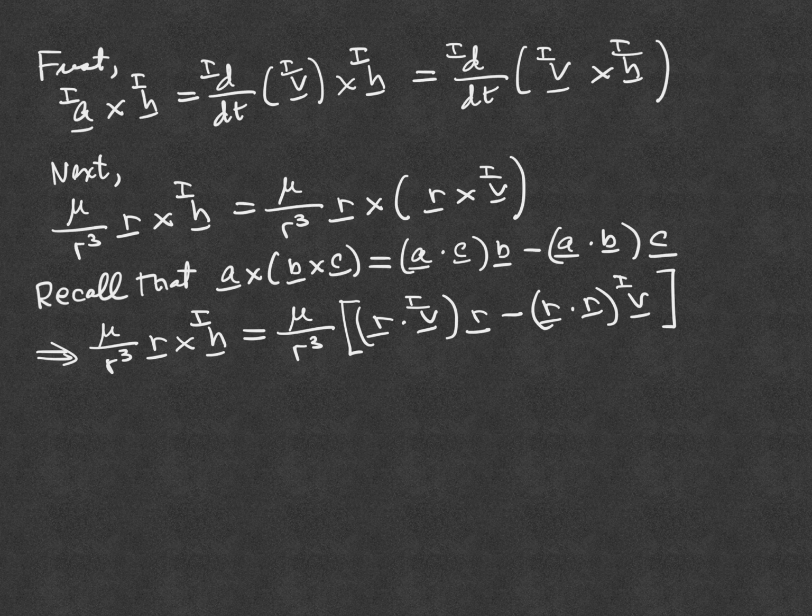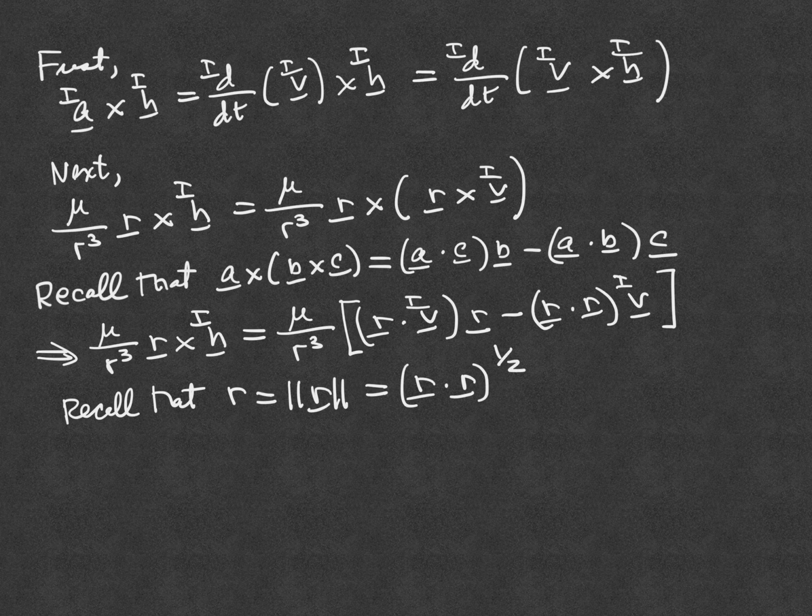So first, we're going to rearrange this equation. Recall that r is equal to the magnitude of the position, which is also equal to r dotted with r to the 1/2.